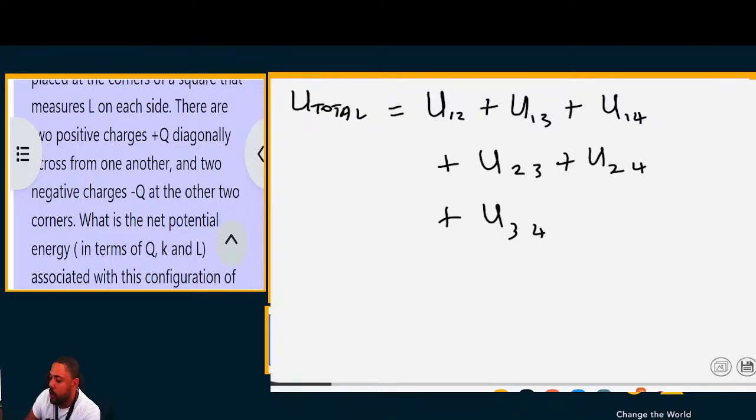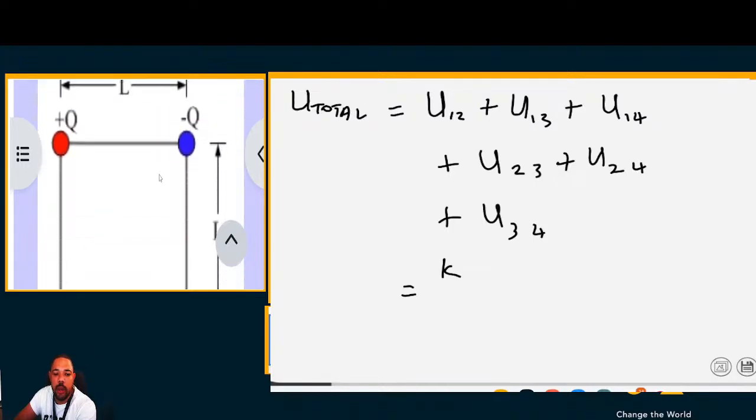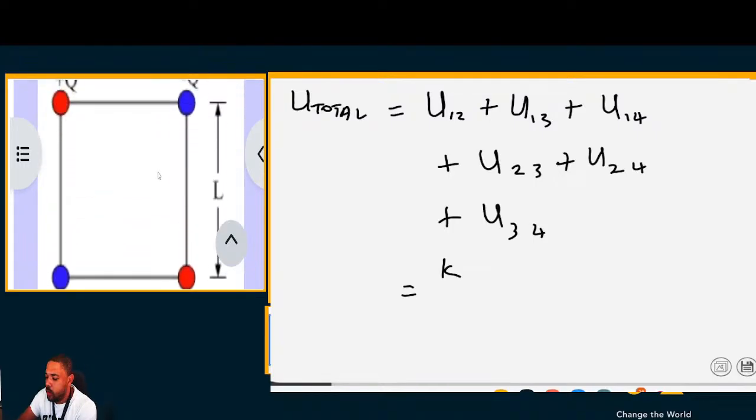This is charge number 1 with all the other charges. This is charge number 2 with all the charges after it, and this is charge number 3 with all the charges after it. If we were to calculate this for each individual pairing, remember, all the charges are Q, and we have given them numbers.